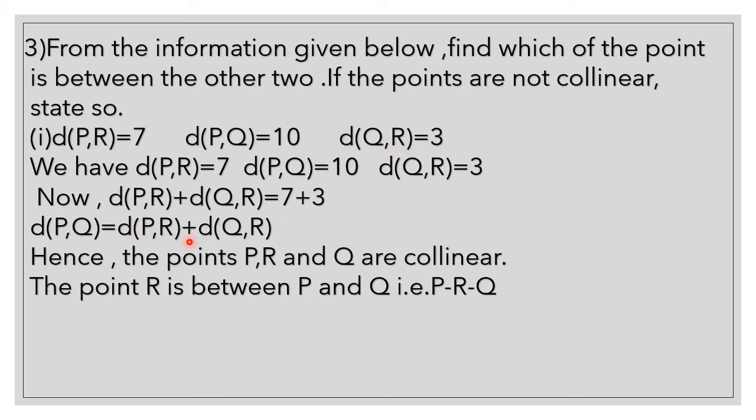And one more thing, if you observe here it is PR and here it is QR. That means this point R is common here.